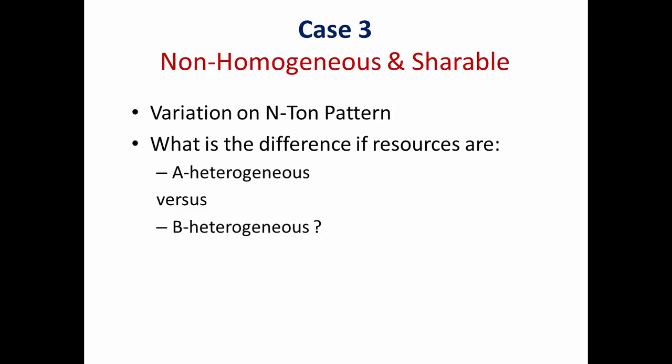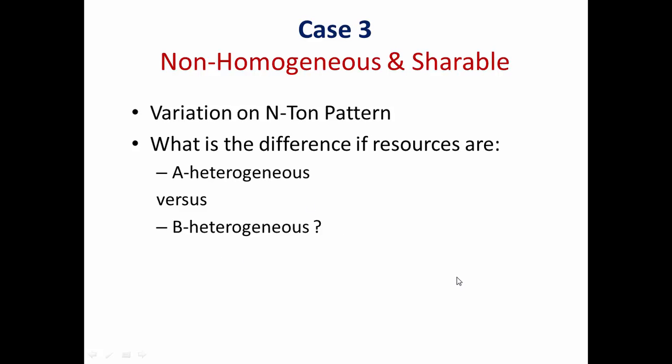So it means I give it to you and I don't care how many people have the same thing, am I right? Now they are non-homogeneous. In Anton pattern, they were homogeneous. So the question which I pose to you, and this will be on the discussion board, your assignment, is what is the difference if the resources, in case 3, are A heterogeneous versus B heterogeneous?